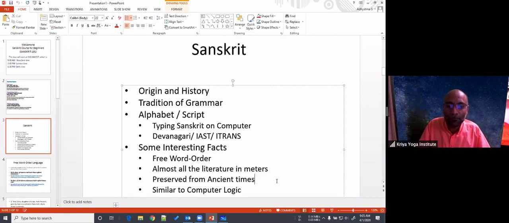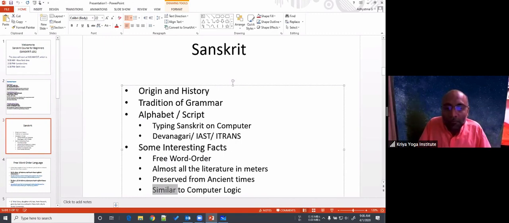Therefore, there has not been any change in the way the language naturally evolves. Like in English, 500 years ago English versus today would look quite different, but not so in Sanskrit. Even if you read Mahabharata, which is supposedly 5,000 years ago, if you read Sanskrit today, you should be able to understand what is in Mahabharata.